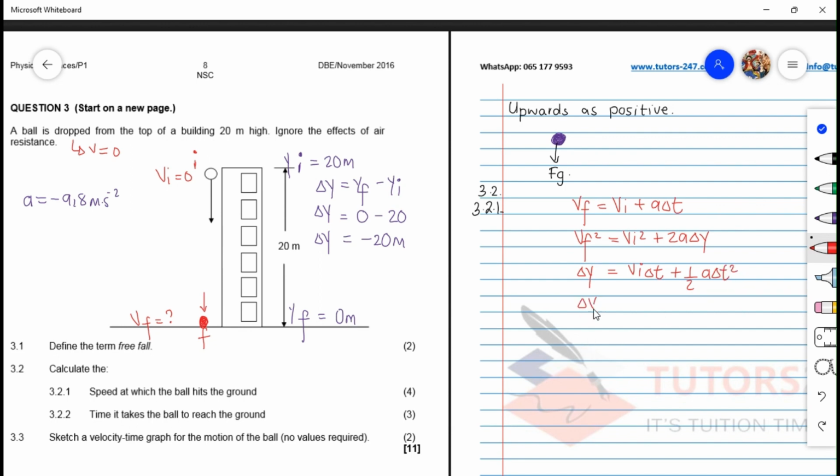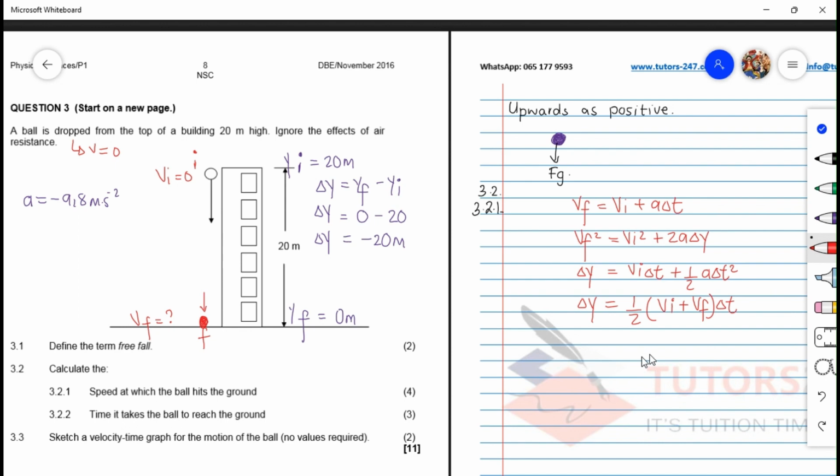And lastly, we have delta y equals a half into Vi plus Vf delta t. So let's try and figure out which formula we are going to use.